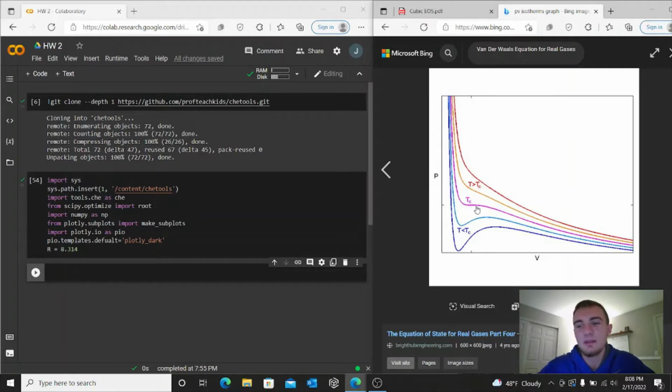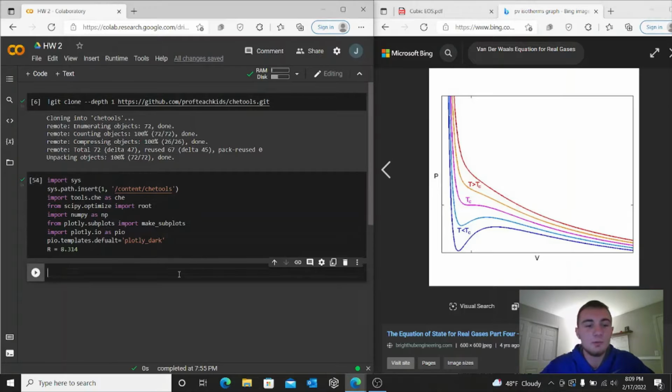What is happening here is if we plot this, we see this pink line here, and we know that this line represents the critical point for that substance because we can draw a horizontal line here, which means the first derivative is 0. And there's also an inflection point here, so the second derivative is also 0. So that is just a little bit of background of a pressure versus specific volume diagram with isothermic curves.